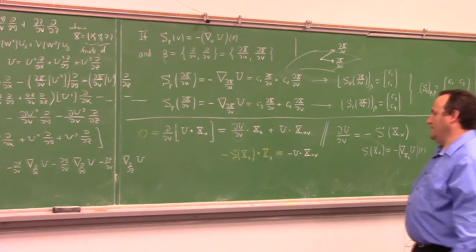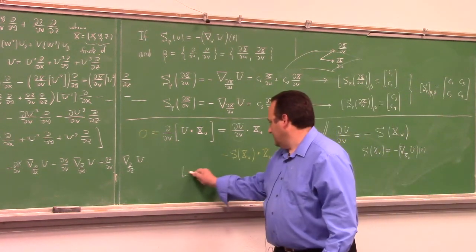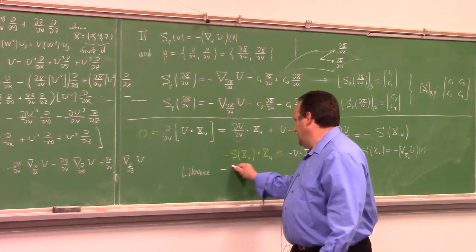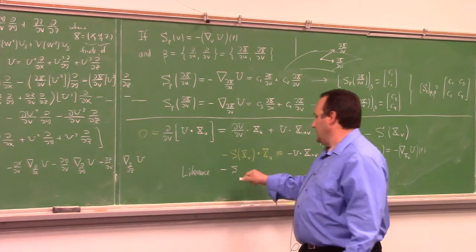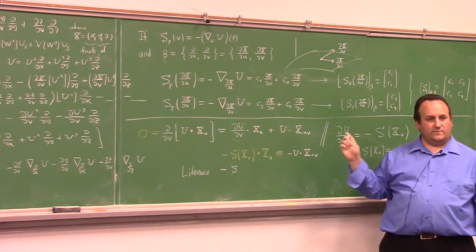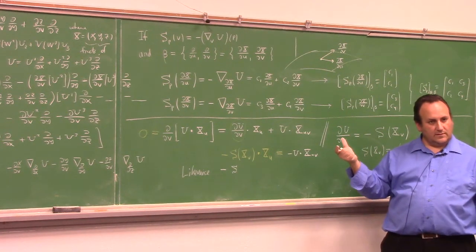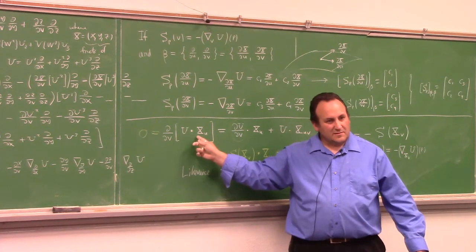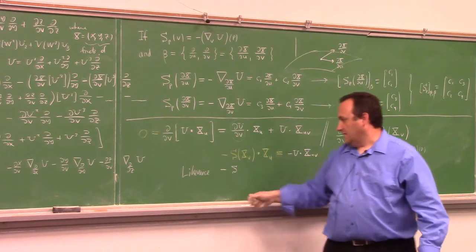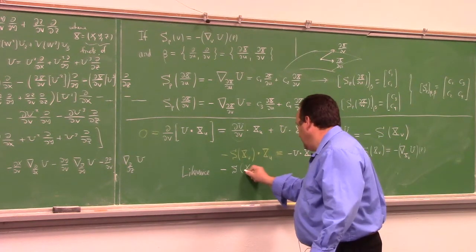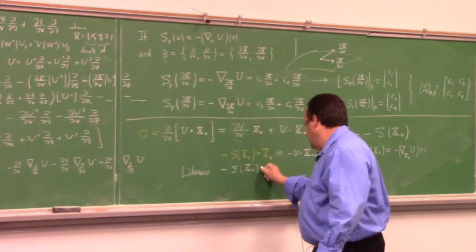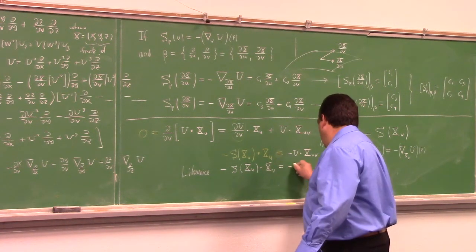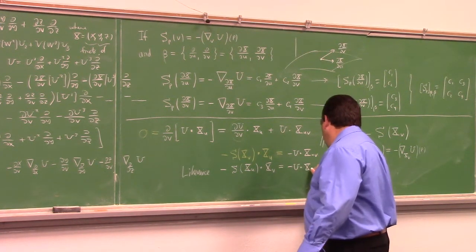And then I say likewise, by the same calculation as above, just flipping the roles of u and v, I could just as well take partial u of unit normal dot xv, and that would give me that S of xu dot xv equals minus the unit normal dotted with xvu.